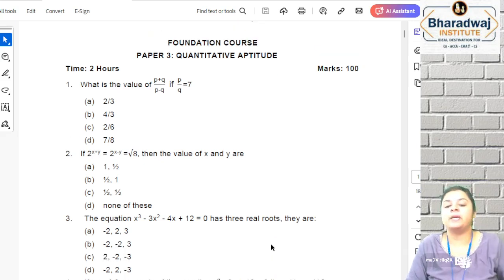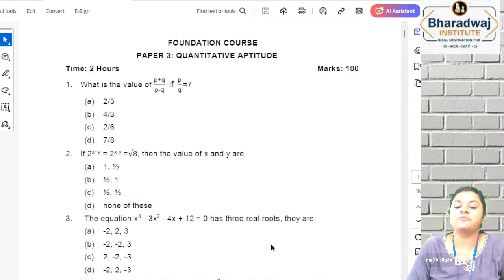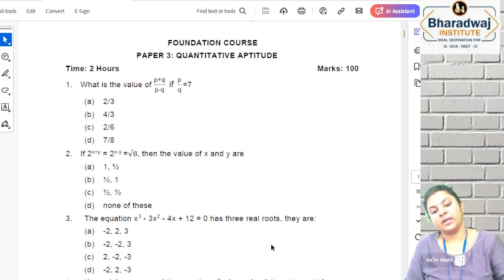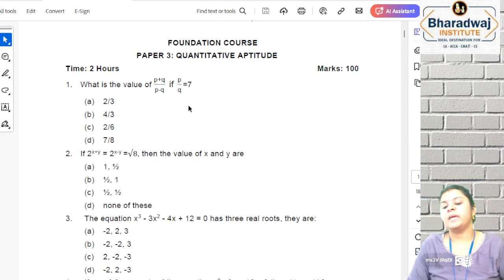What is the value of P plus Q by P minus Q if P by Q is equal to 7? So what we can do here, you can assume P is equal to 7Q.